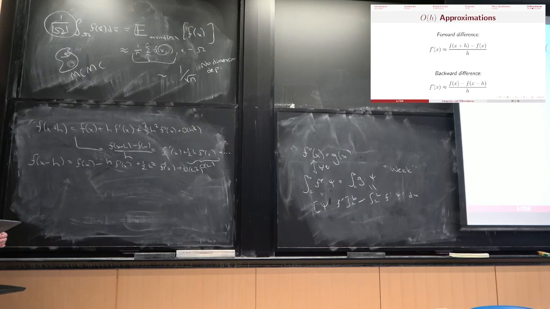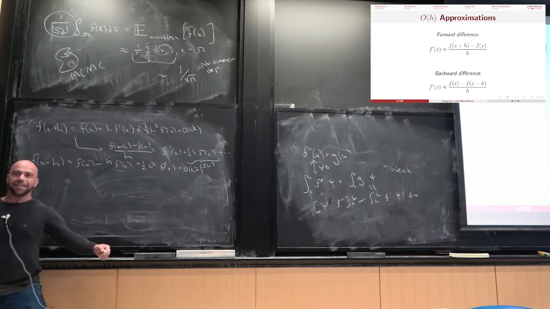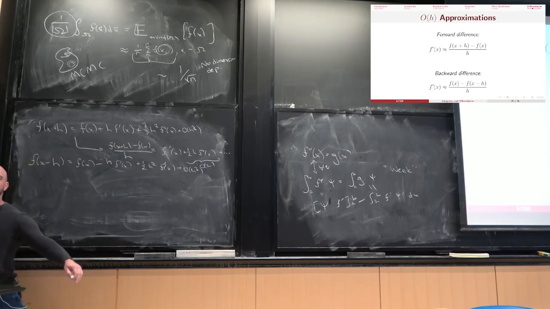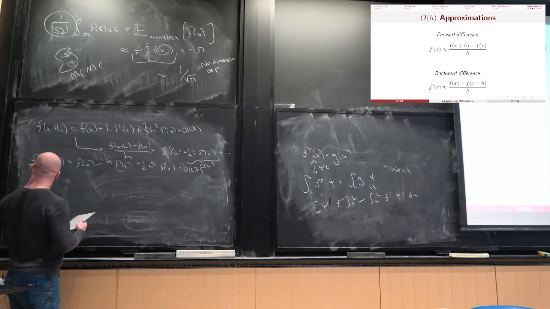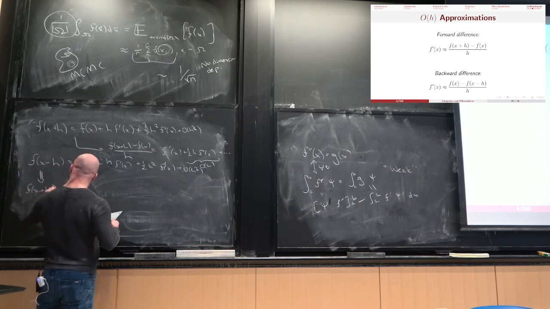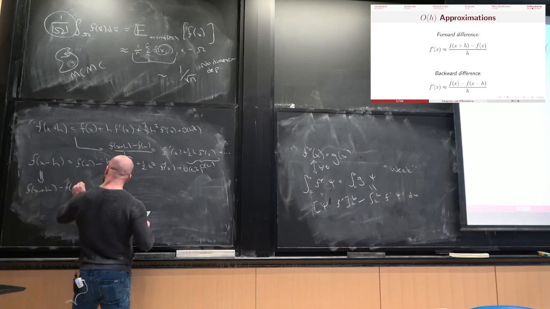Now here's a kind of fun thing that you can do. Let's take this expression and subtract that one and divide by 2h. Right? So in other words, I've done derivative by pointing to the right. I can do derivative by pointing to the left. Now I'm going to do derivative over the whole interval. So in particular, if I put these two things together, I have f of x plus h minus f of x minus h.